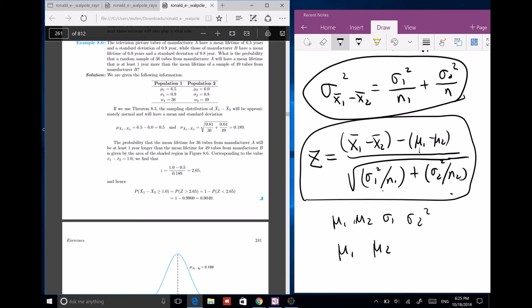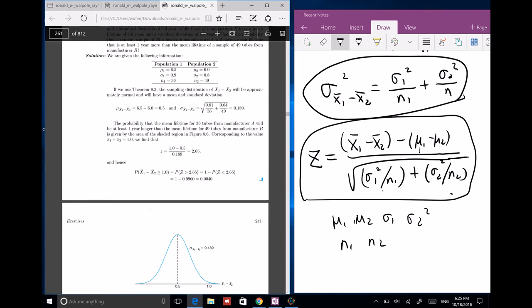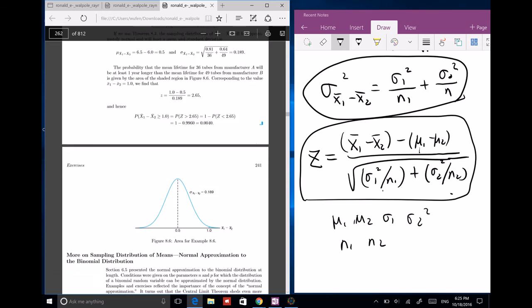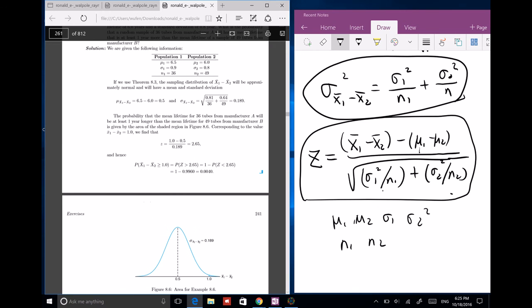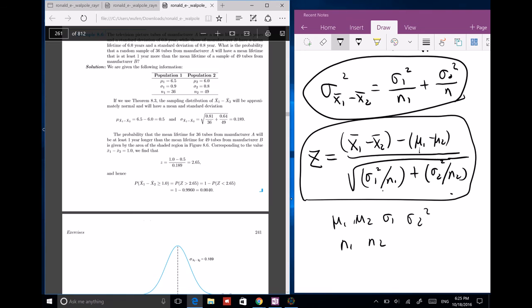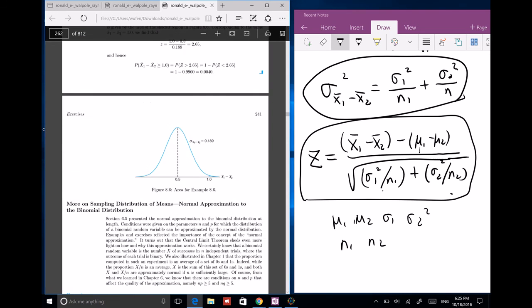So mu of x1 bar minus x2 bar is 0.05, subtracting mu1 and mu2. Basically everything is given, and n1 and n2 are given. We just need to apply this formula to find the z-score and see what it asks for. It asks for the difference of two sample means, P of x1 bar minus x2 bar, which is a normal distribution. Find the z-score and apply it. It's pretty straightforward. You can read that.